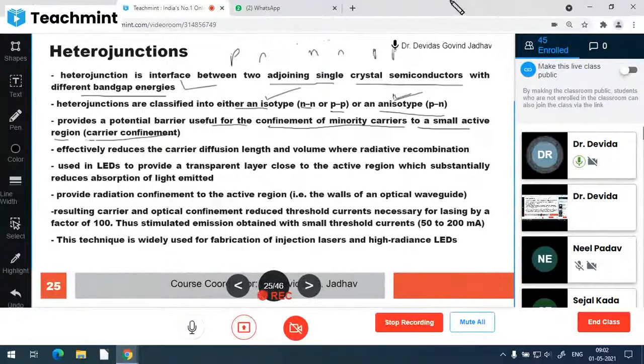Effectively that reduces the carrier diffusion length and the volume where radiative recombination takes place, so that carriers do not have to travel a long diffusion length. The active region is made smaller so that there are concentrated charged particles and concentrated high energy atoms.